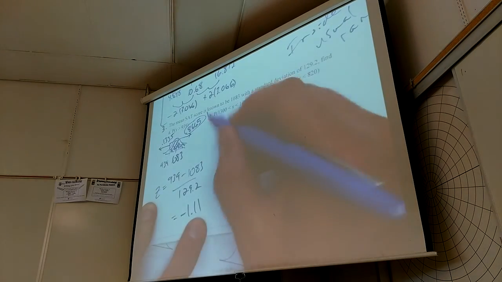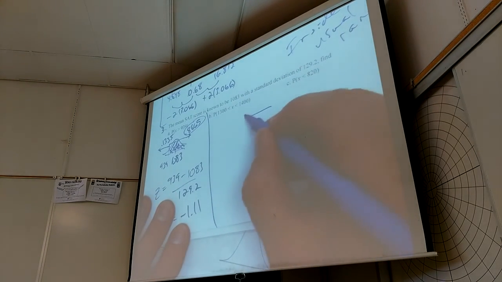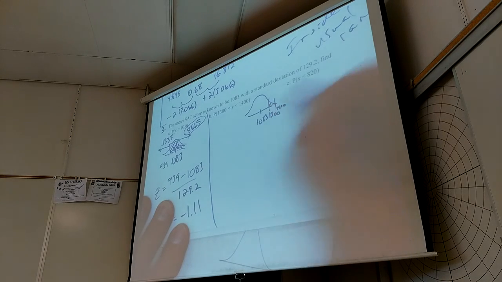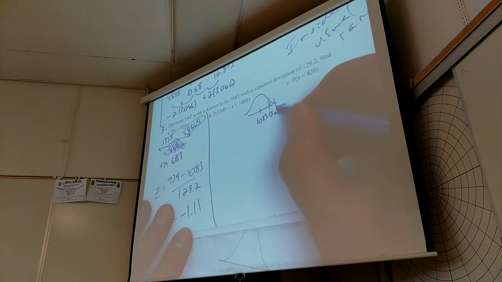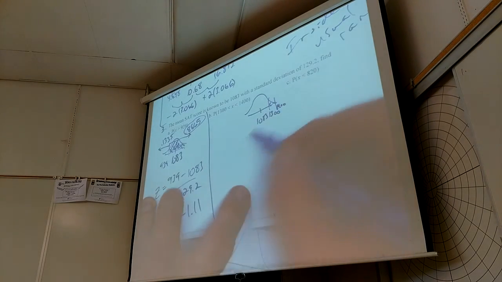Okay. This one, do a little picture. 1300 and 1400 are going to be way up there somewhere. So you got to make a z-score for both, right?